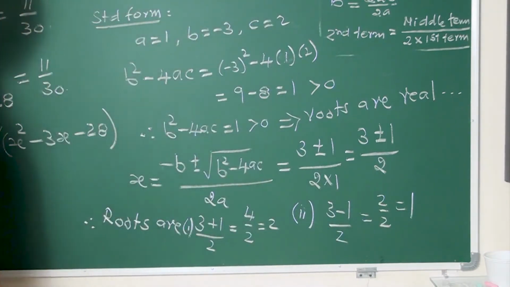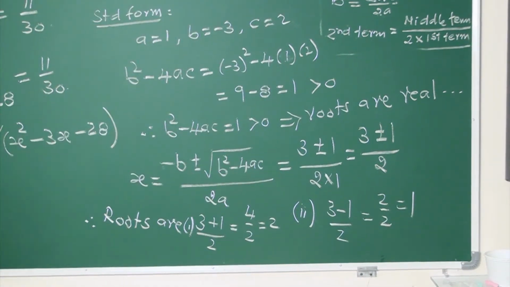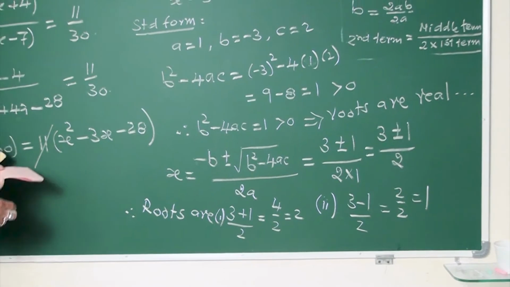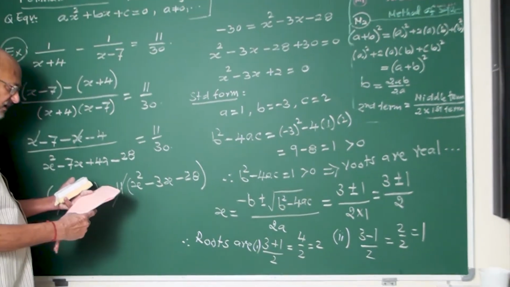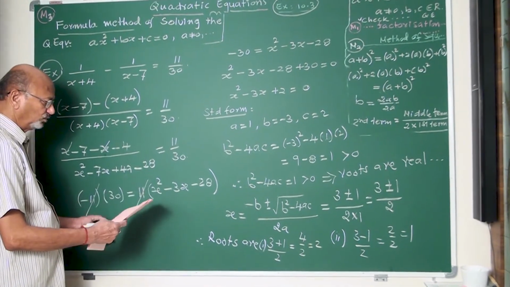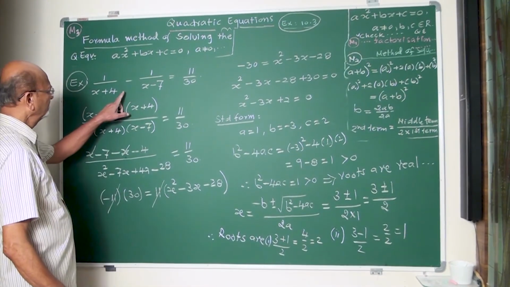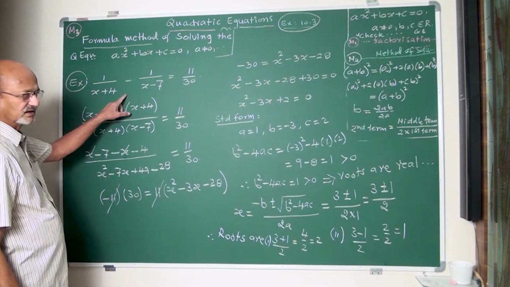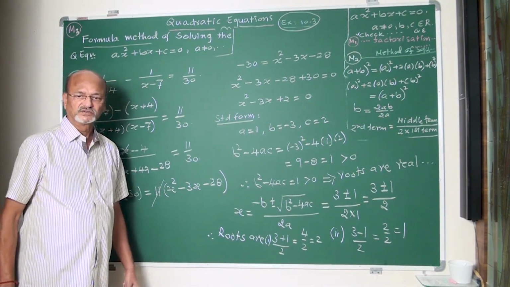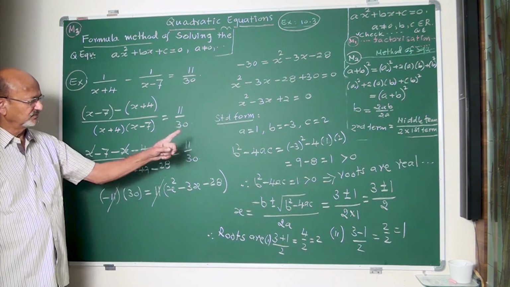Therefore, the roots are 2 comma 1. Yes, my friends, these are the two examples, slightly different.